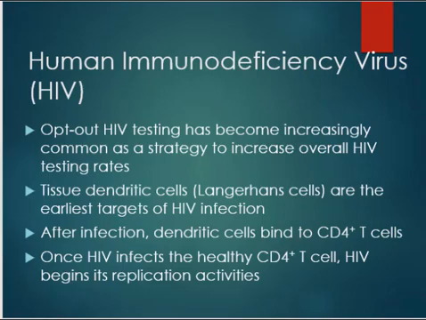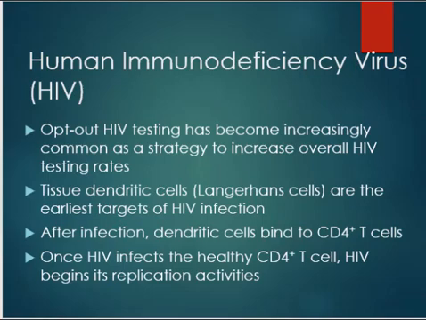One of the things that the book mentions is opt-out HIV testing that has been used to increase overall HIV testing rates. And what this means is that participants are included in testing unless they give an express decision not to be tested.